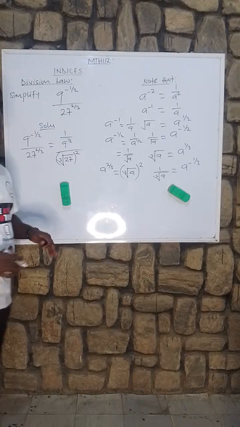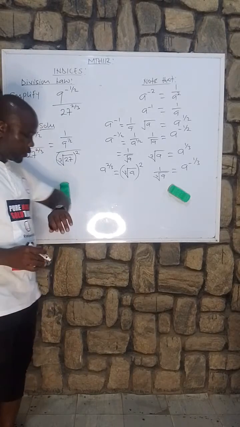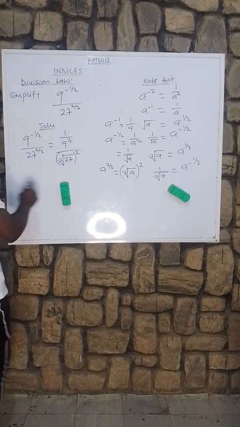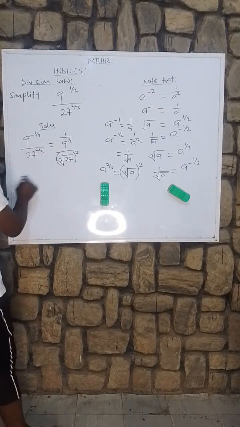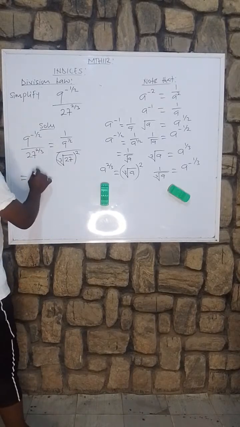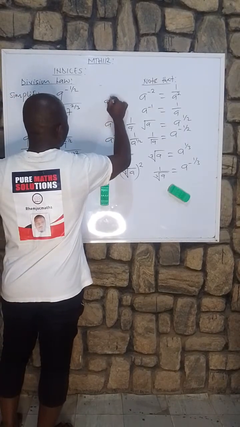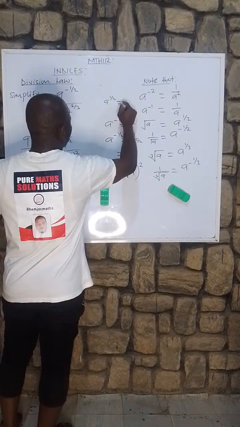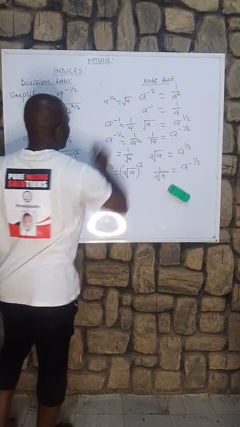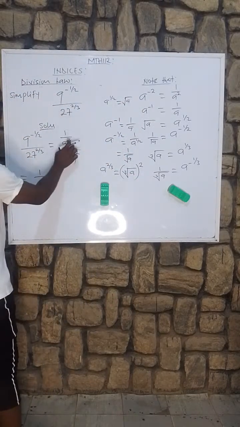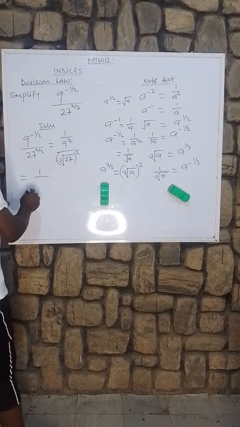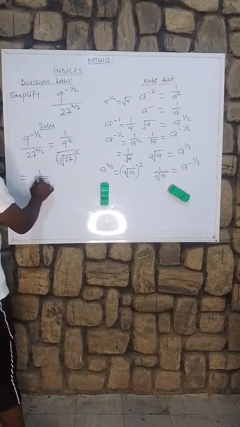True or false? Any question? True or false? It's true. Right? Then this will now be equal to 1 all over, you know, I told you that when we have a raised to the power of 1 all over 2, this is the same thing as square root of a. So look at it here. Here will now be square root of 9.